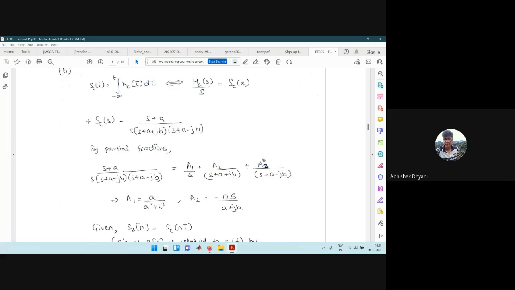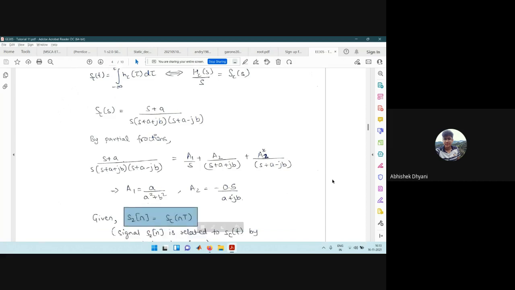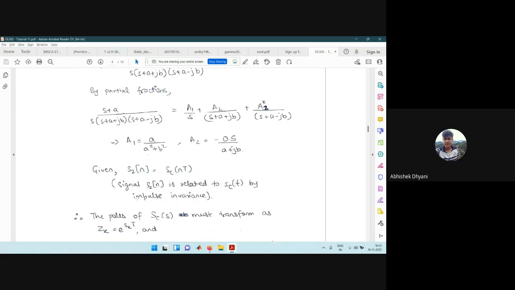Now, once we have got S2(s), we will apply this step invariance property again to get s2[n], right? So s2[n] is just replacing small t with n times capital T. And then from s2[n] we will have to take the Z transform to compute S2(z) in the z domain, just like we did in the previous case, but in the previous case we had h.